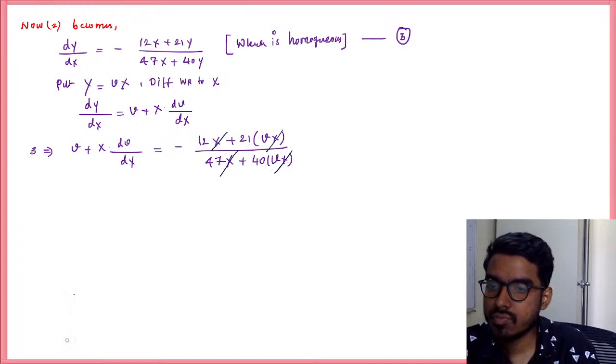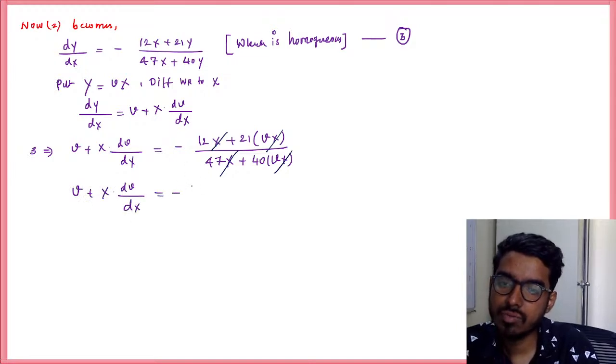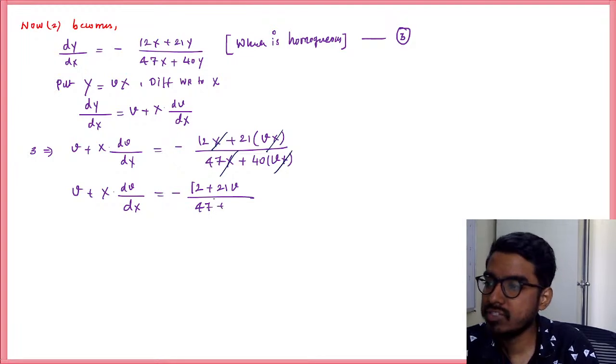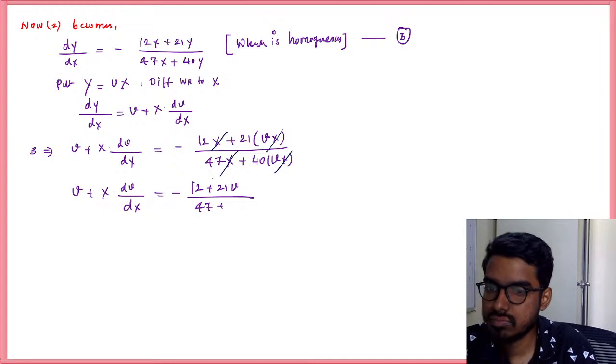So you will have v plus X into dv by dX is equal to minus of (12 plus 21v) divided by (47 plus 40v).